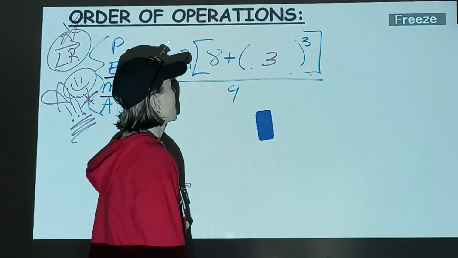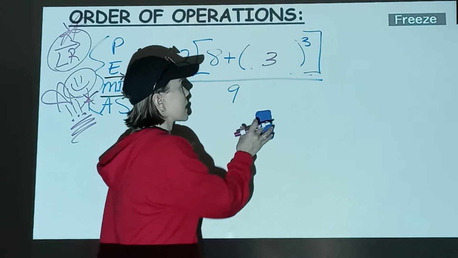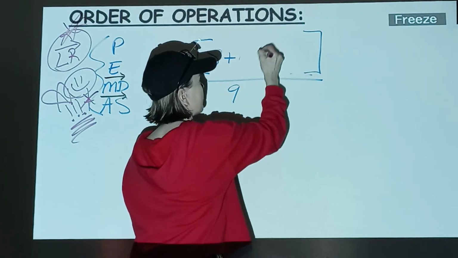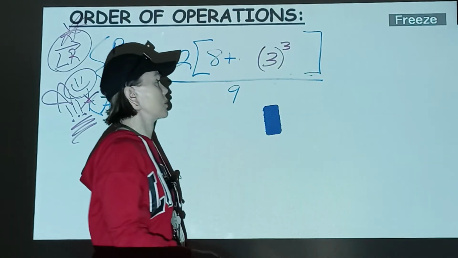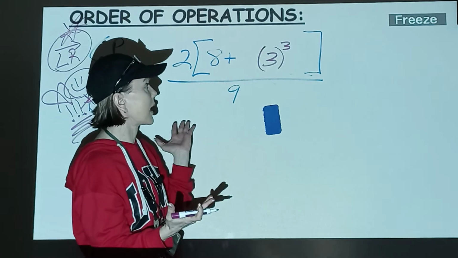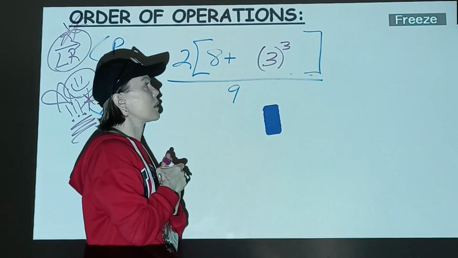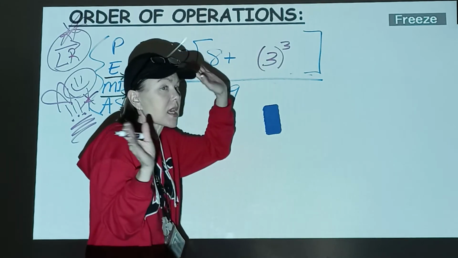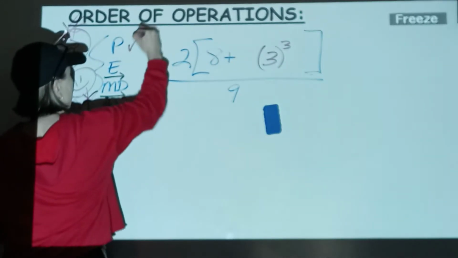Now, we can clean this up a little bit so that we're not confused. This is what we have right now. Are we done with parentheses? Yes. There's nothing more to do inside of the parentheses.